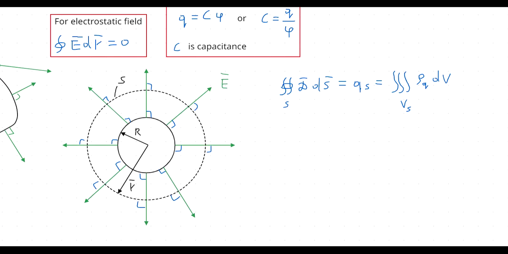It means that if we draw, for example, here, an element of surface S, that can be signed as dS, and this element is also perpendicular to the surface, of course, and from here we can make a conclusion that dS has the same direction as E, and of course it has the same direction as vector D.